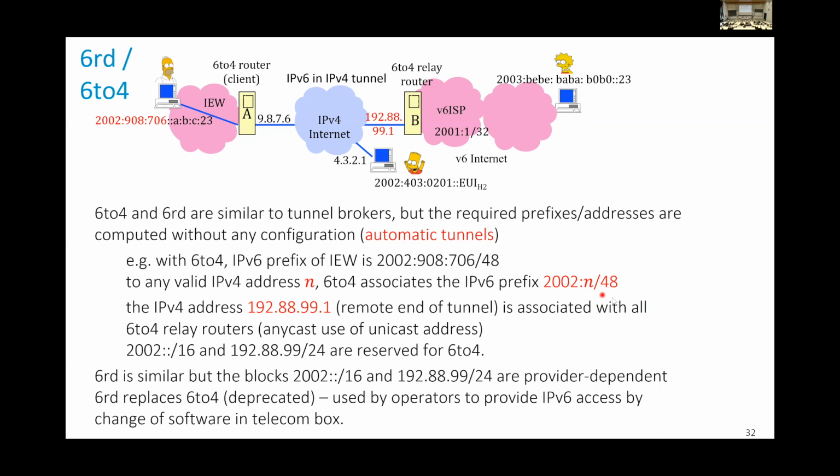So the block /16 is reserved for 6to4 here. And why is it reserved? Well, the idea is that to any IPv4 address, which is 32 bits, you can create a valid IPv6 prefix by concatenating this and the 32 bits of the IPv4 address. That's a way to embed IPv4 into IPv6.